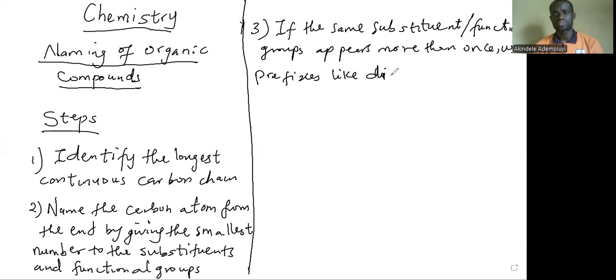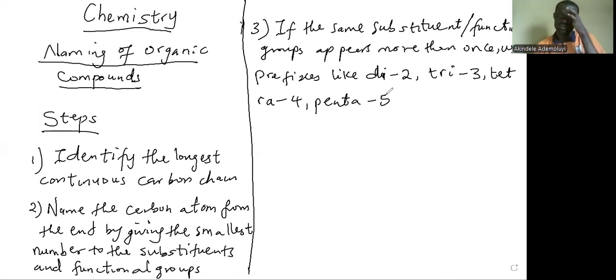Di means 2, tri means 3, tetra means 4, penta is 5, hexa 6, remember your hexagon, nonagon, and so on.